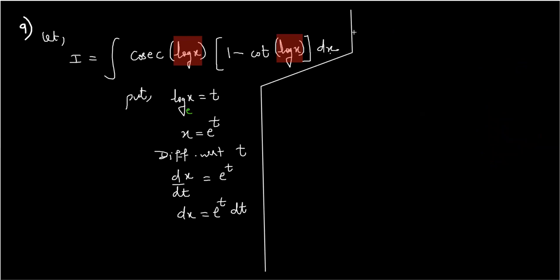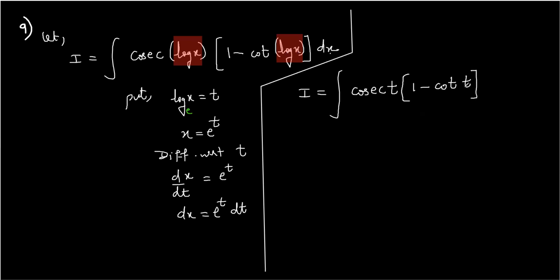So I have here I equals integral cosec log x. What is log x? t. Cosec t inside the bracket, 1 minus cot log x. What is this? This is cot t, because log x is t.